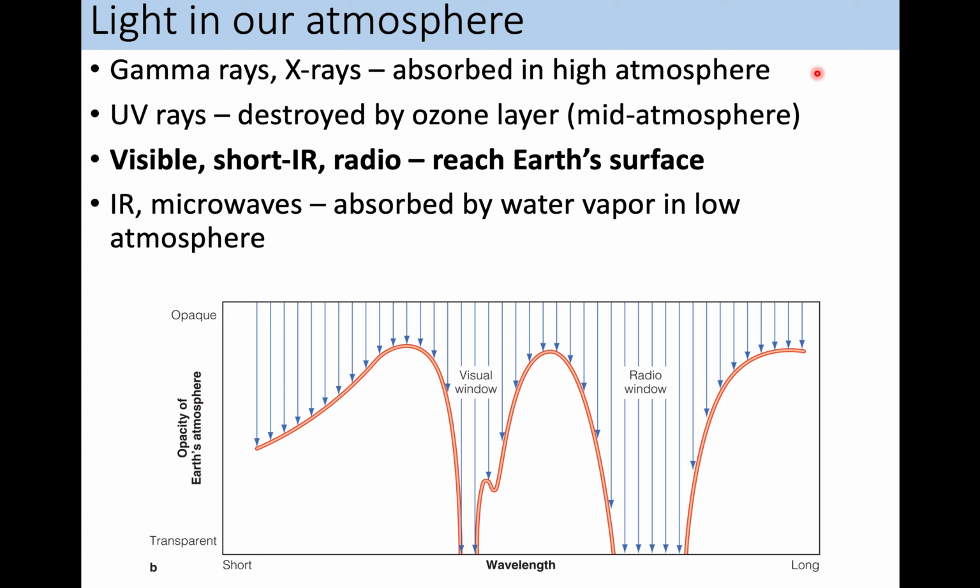So it's a thick layer of ozone, and the ozone reacts with most of the dangerous UV rays and destroys them before they get to the surface of the Earth. Now, the very large wavelengths and low energy of microwaves and a lot of the IR infrared spectrum are actually absorbed by the water vapor in our lower atmosphere.